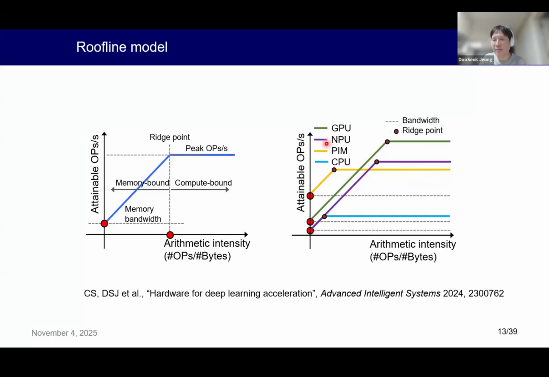The good thing about PIM is that when it comes to LLM, LLM is based on dense layers, so it's likely a memory-bound model. That's why these days everybody's crazy about high bandwidth memory when it comes to GPU.